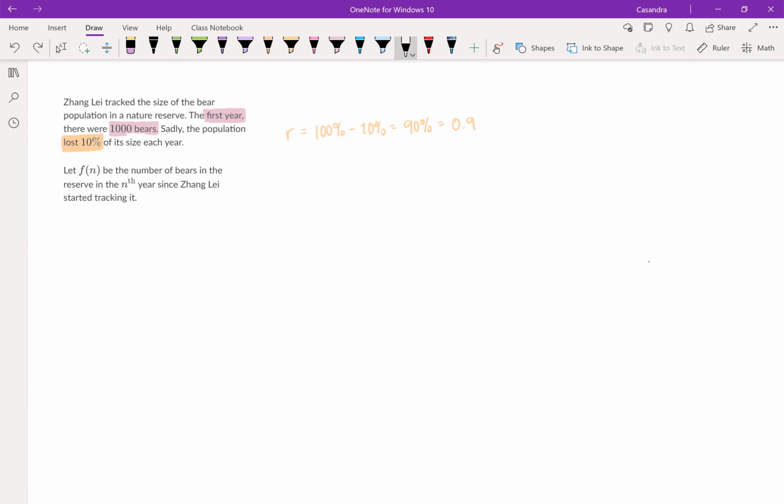Let f of n be the number of bears in the reserve in the nth year since Tsang Li started tracking it. So as per usual, we're going to go ahead and make a quick little table. Our letters here, we have n for the nth year, and they've chosen to call it f of n, which is our population of bears. So in the first year, we know already, they say, in the first year, there are 1,000 bears.